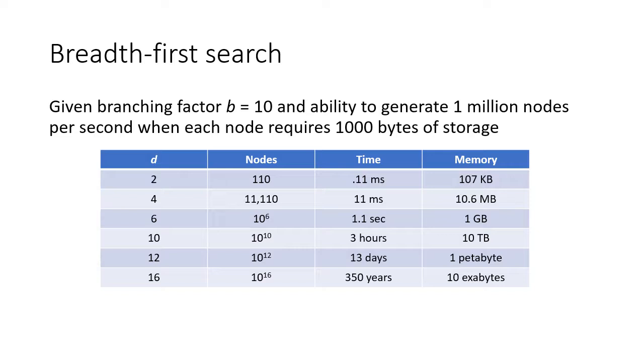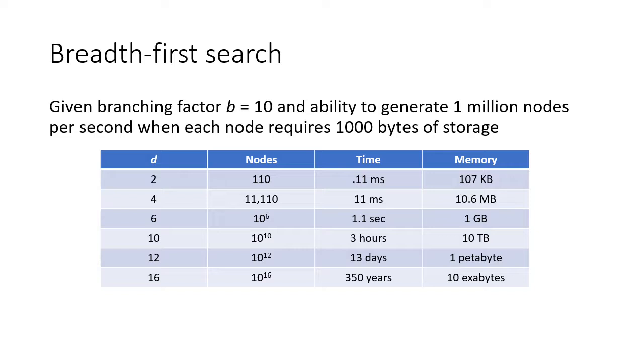Increase that to just a depth of 4, and we're already over 11,000 nodes and 10.6 megabytes of memory. Increasing that to 6, roughly 10 to the 6th nodes, 1.1 seconds, and already a gigabyte. If the level of the shallowest solution is at 10, we need 10 terabytes of data, and that would take 3 hours under these conditions.